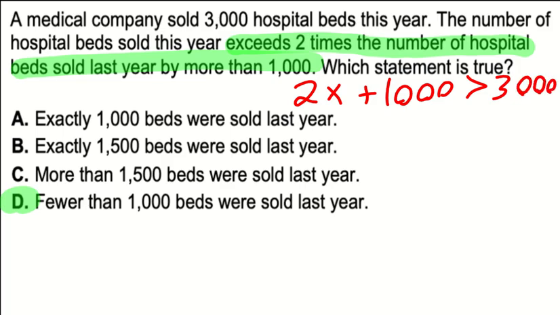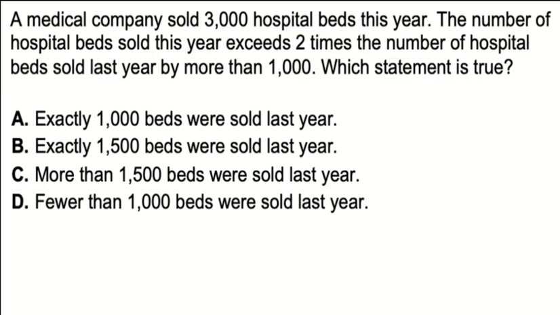Is that 3,000? So if we subtract our 1,000, we get 2,000. Divide by 2, that's going to be 1,000. That 1,000 has to be greater than last year's amount. So last year's amount has to be less than 1,000. Does that make sense? Any questions on that one? I said just think your way through it, doing what makes sense.